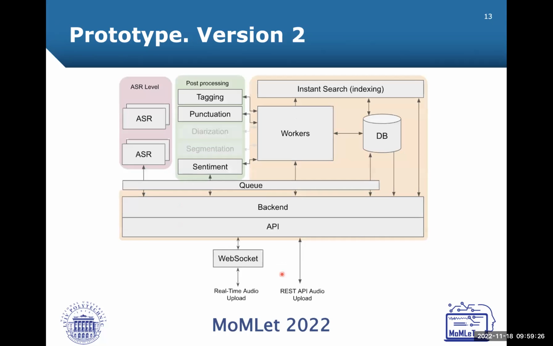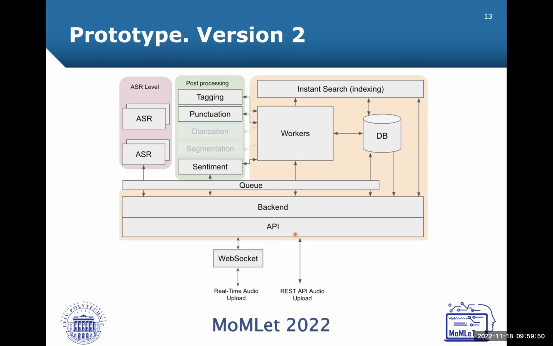And on the component level, it is still relatively simple, a little bit more comprehensive, but still simple. We have a real-time connection, WebSocket through HTTP, and we have asynchronous non-real-time for REST API.